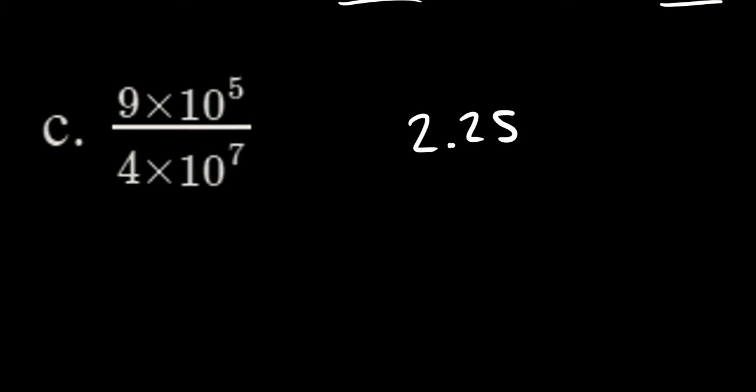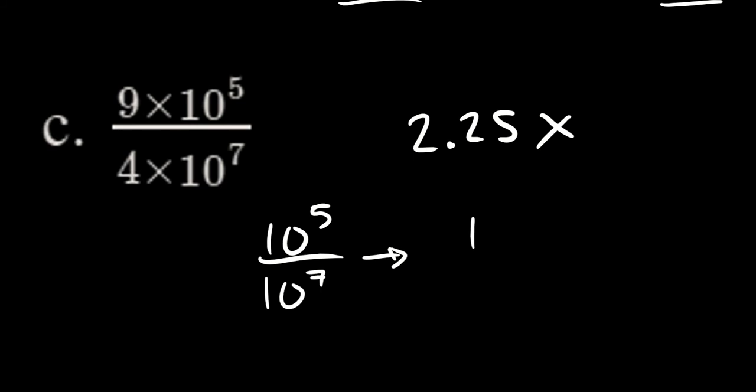That would be appropriate for scientific notation, so I'm not going to need to adjust this one. Times, now, I've got in my numerator 10 to the 5th, and in my denominator I've got 10 to the 7th. That's going to be 1 over 10 squared, which is 10 to the negative 2nd power.